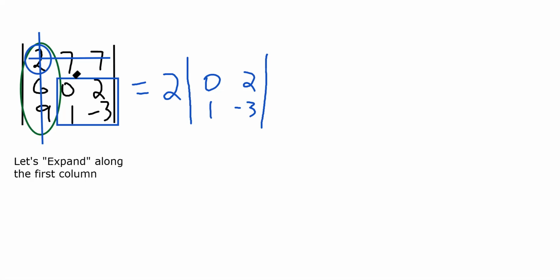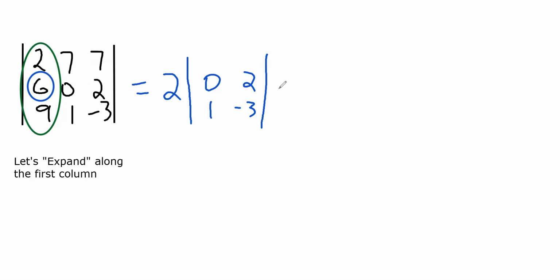Let that sink in for a minute. We are going to do this computation together several times today, so you don't have to have it all memorized right away. So we've done that. We've taken care of the first entry in the column we're expanding along. Now we've put our eyes on the 6.